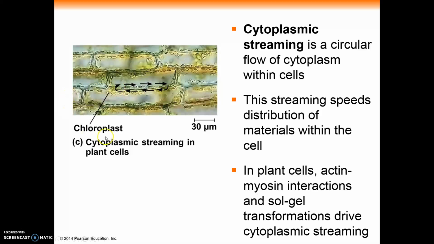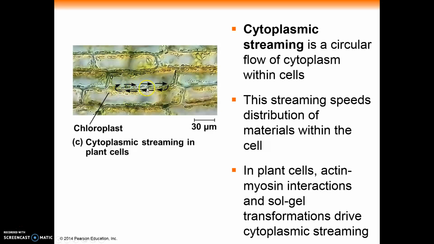We also see this actin activity in plant cells, where we get this effect called cytoplasmic streaming. So here is a bunch of boxy plant cells, and these green things are chloroplasts, and these cells actually move their cytoplasm within their cells to keep nutrients constantly moving.